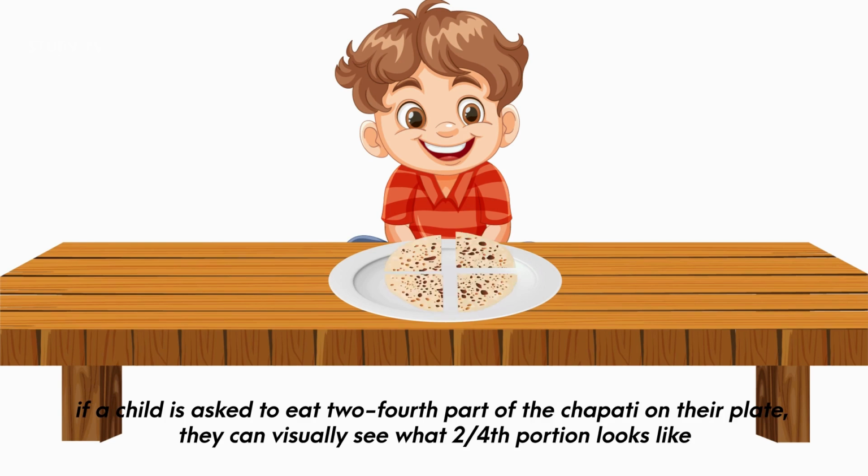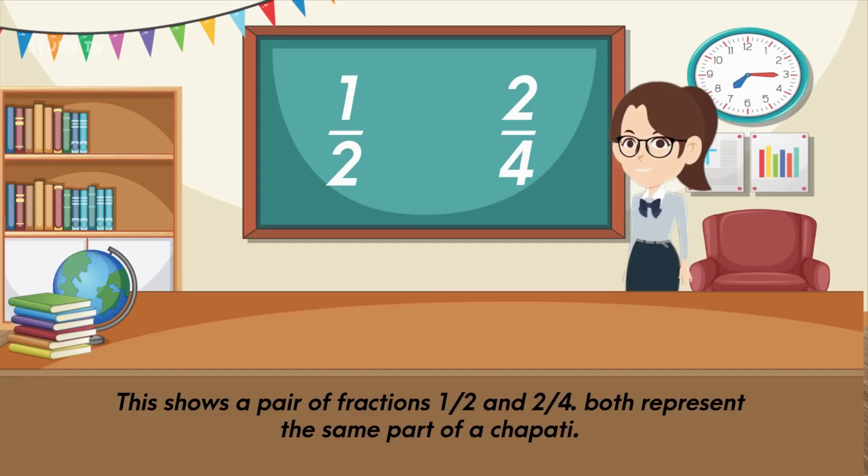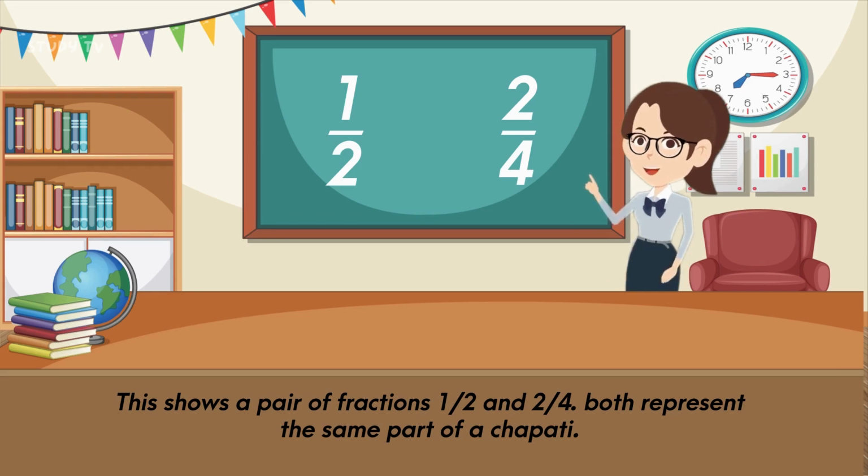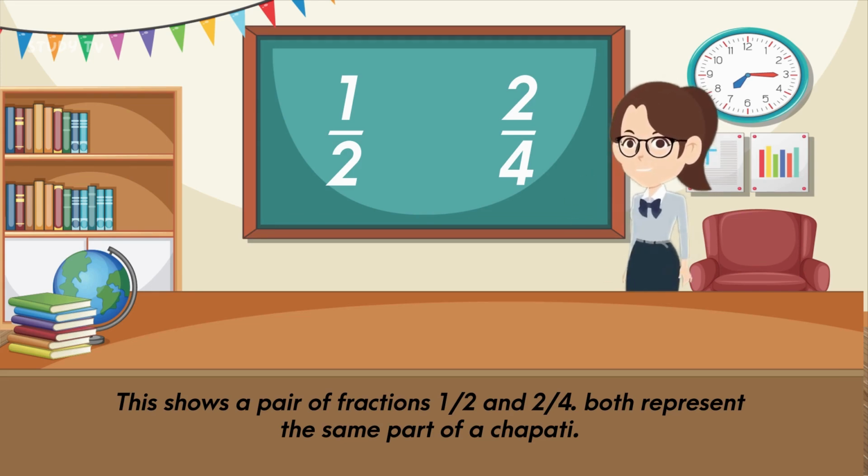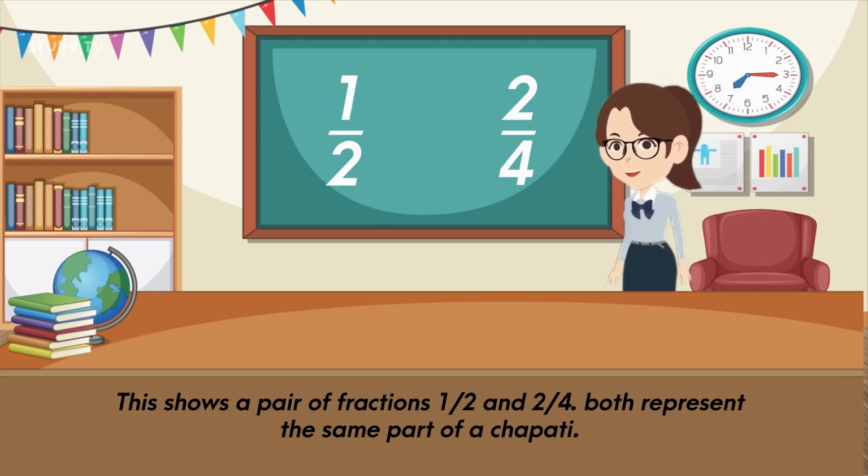If a child is asked to eat 2/4 part of the chapati on their plate, they can visually see what 2/4 portion looks like. This shows a pair of fractions, 1/2 and 2/4. Both represent the same part of a chapati.